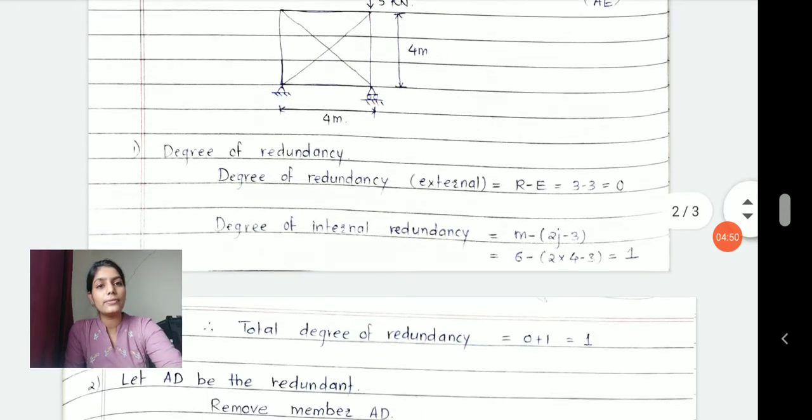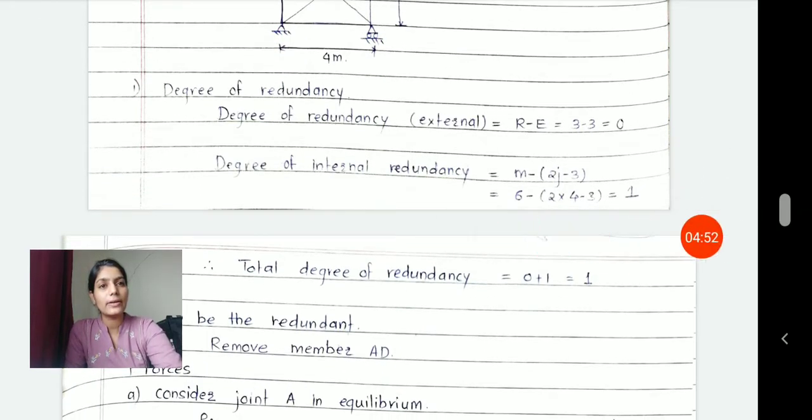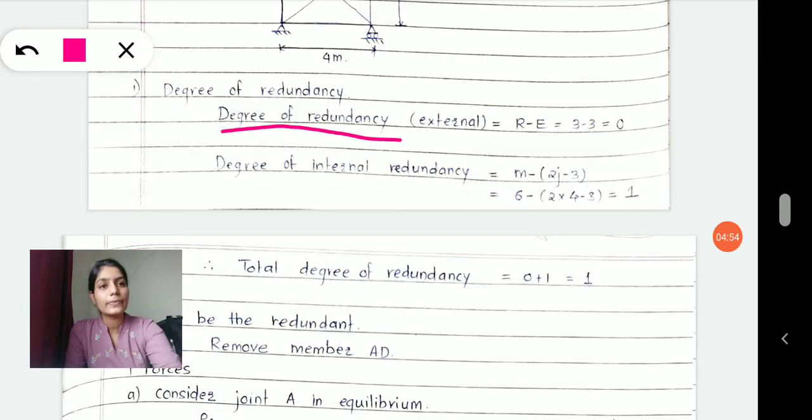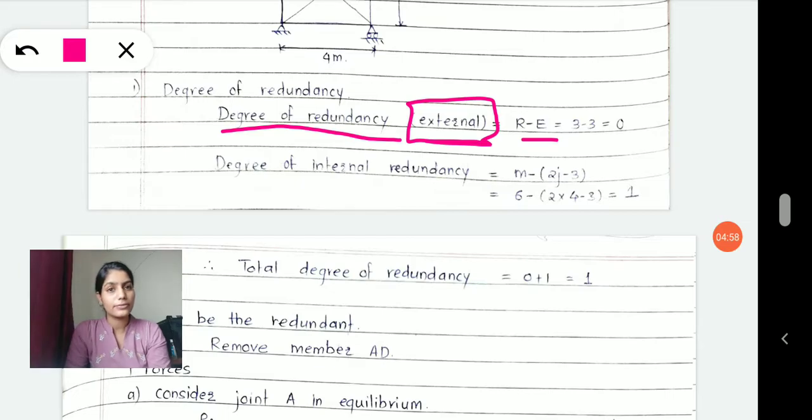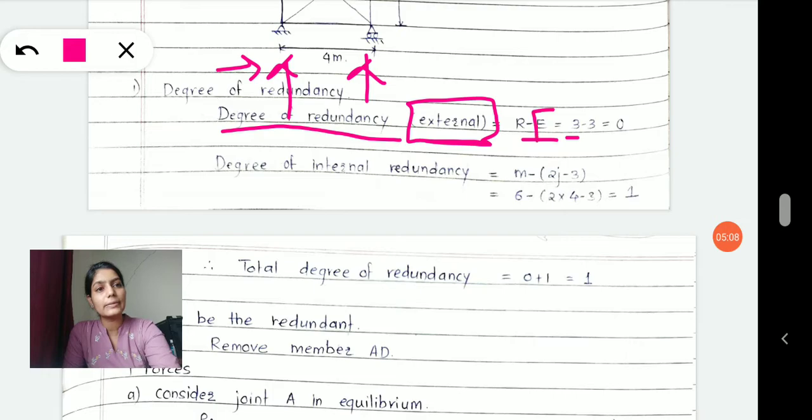Here, the degree of indeterminacy, or degree of redundancy, I will first calculate externally as R minus E, as you know the formula. How many reactions do I have? 3: 2 at the hinge and 1 at the roller, so total reactions are 3. Minus equilibrium equations. How many equilibrium equations do we have?